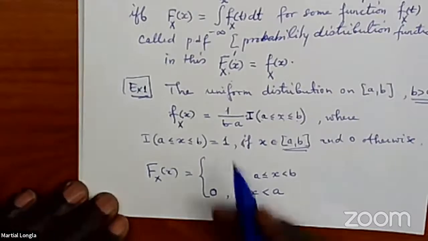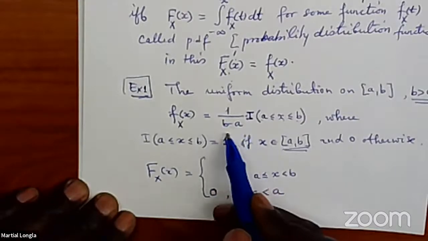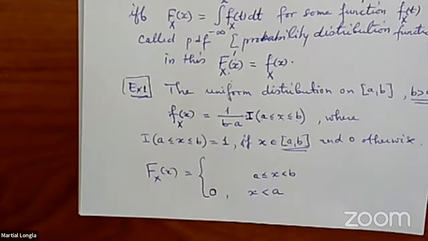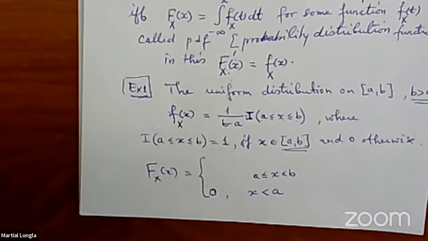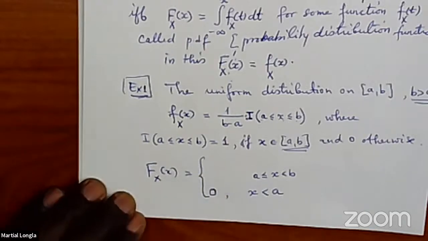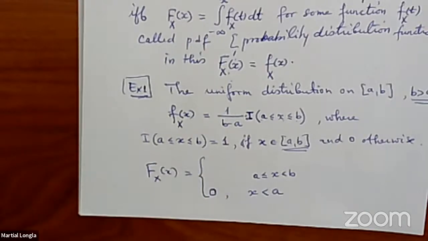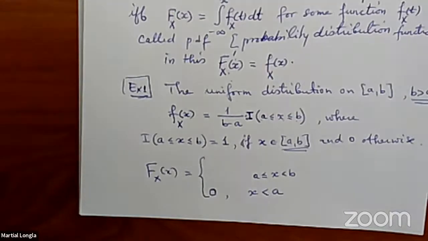then we start touching the interval from a to b. And notice that here, b minus a is actually the length of the interval from a to b. So what is on top, the probability to hit any subset of that interval, because it's uniform, is just going to be the length of the given interval. That's why the top is going to be x minus a, which is the length of the interval from a to x.